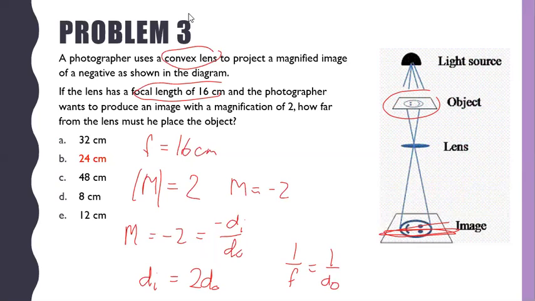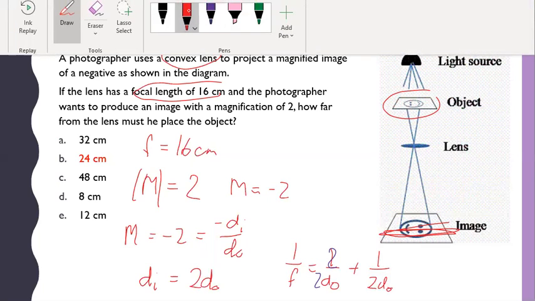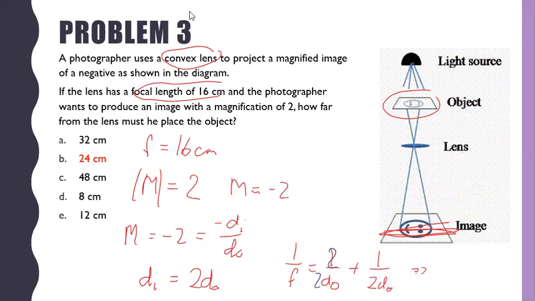But instead of DI, I'm going to put in what I just learned, it's 2 DO. I can do a common denominator. Put a 2 here and a 2 here. Now I have a common denominator. And this now tells me that 1 over F, that's 1 over 16, right? F was 16, is equal to, and the right side of the equation gives me 3 over 2 DO. And we can cross multiply that and we get DO to be 24.